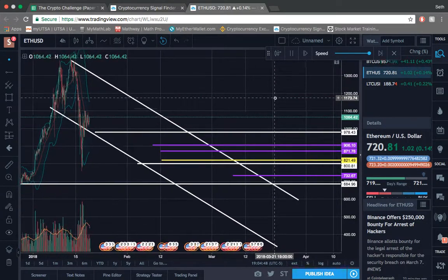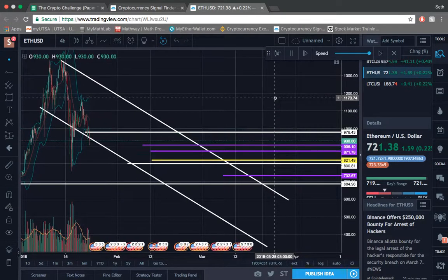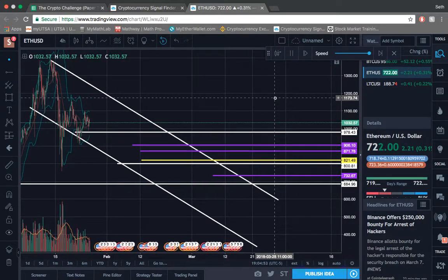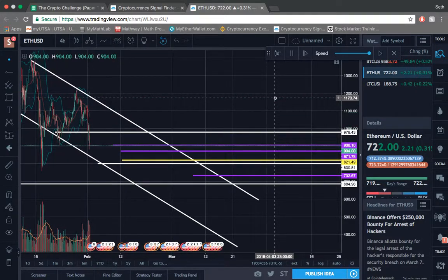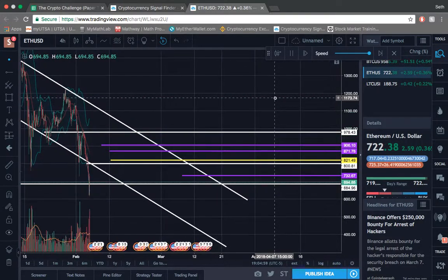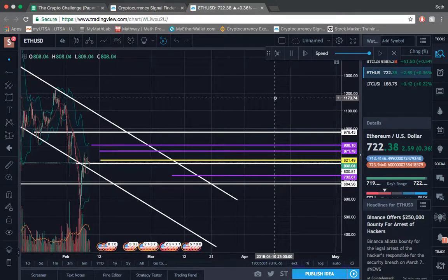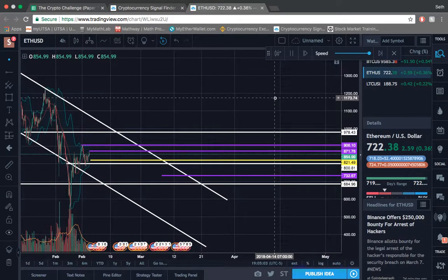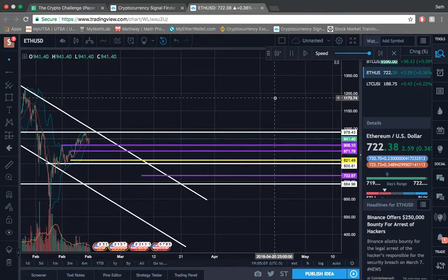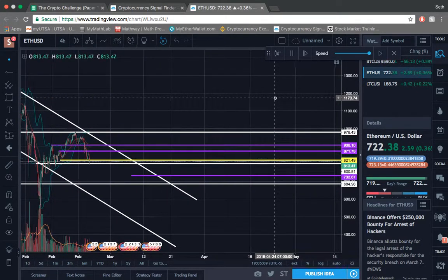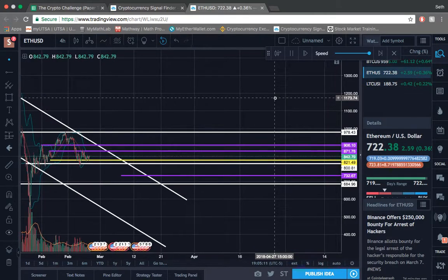So yeah, as you can see, I just like to do this just for fun. You can see how your trend lines stack up, how they were actually formed. And in my opinion, it looks so cool when they bounce off your trend line.